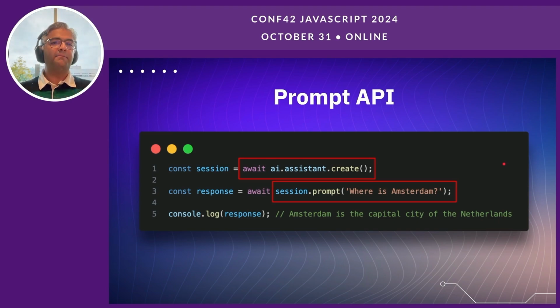Based on the data that the model has been trained on, the answer might be different, and also a lot of different parameters, but generally the data matters a lot. In the test that I did, it gave me this sentence: Amsterdam is the capital city of Netherlands. Nice.